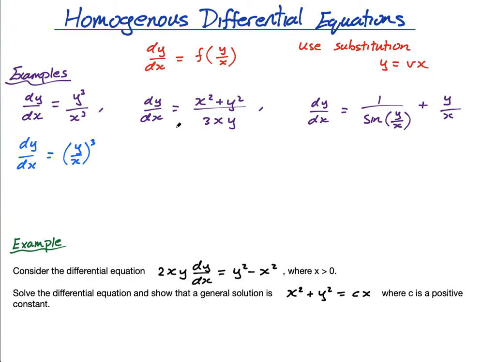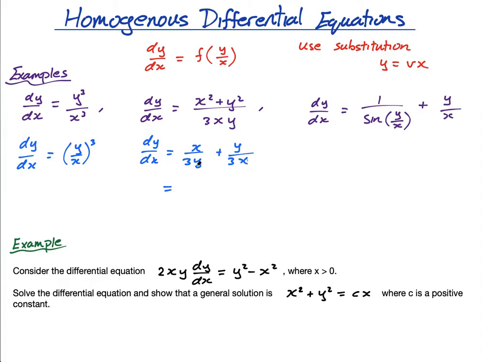This one isn't as obvious, but I can certainly write this as dy/dx equals x squared over 3xy, which is x over 3y, plus y squared over 3xy, which is y over 3x.